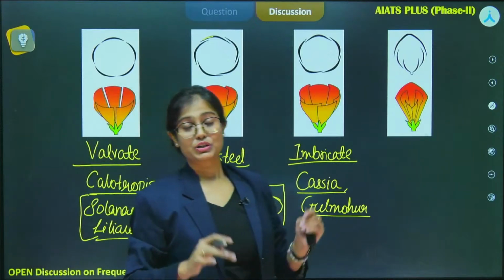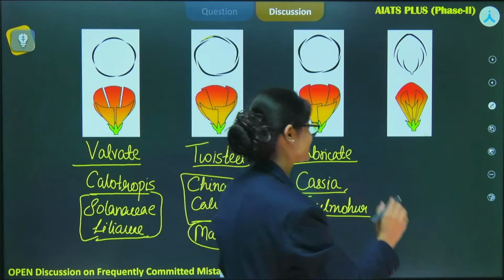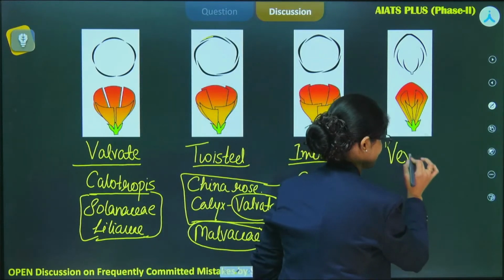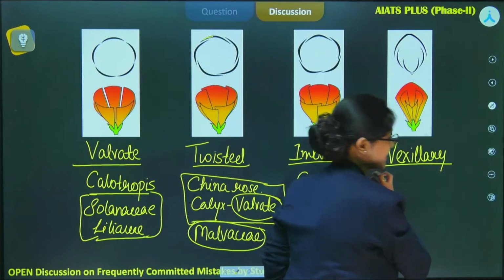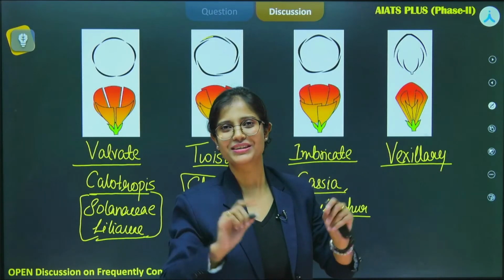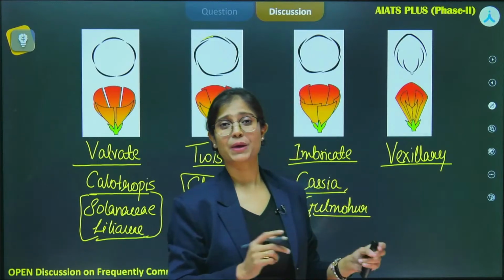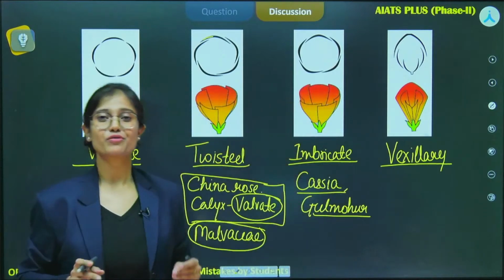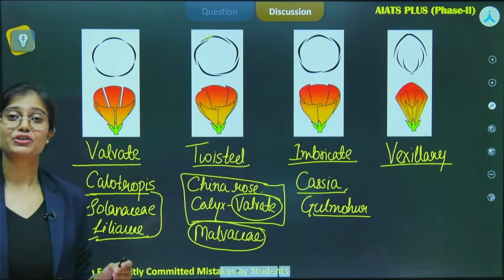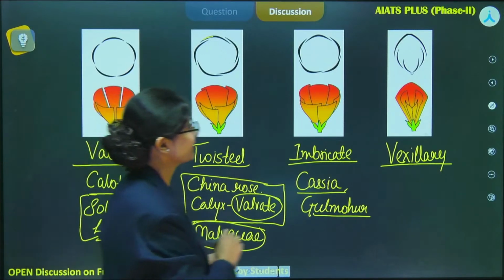Now the last one, which is a very interesting aestivation, one of my favorites. It is known as vexillary aestivation. Very beautiful aestivation. It is observed in the members of Fabaceae. It is also known as papilionaceous aestivation because it is particularly found in the members of Fabaceae, which was earlier known as Papilionaceae, right?